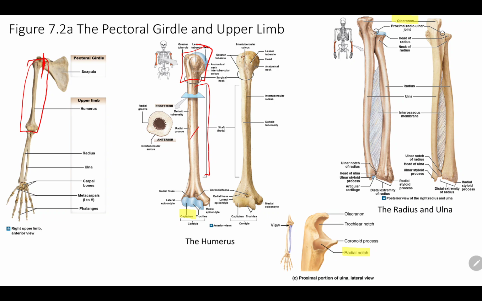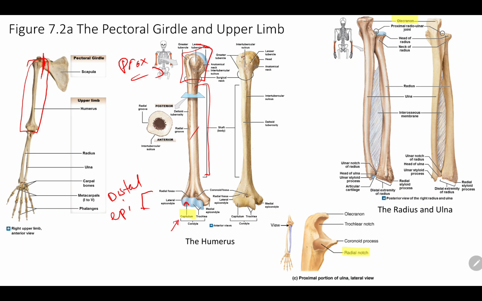So when we're looking at the proximal epiphysis, which is up here, this is proximal because it's closer to the attached base. Down here is the distal epiphysis. In the distal epiphysis, we're going to have this capitulum portion, between these condyles.